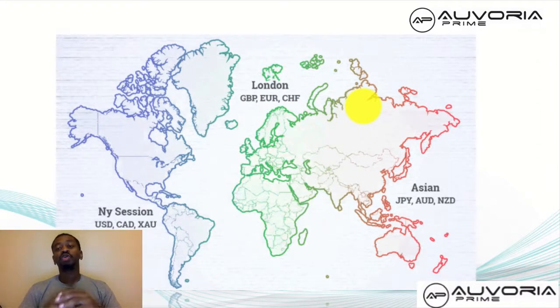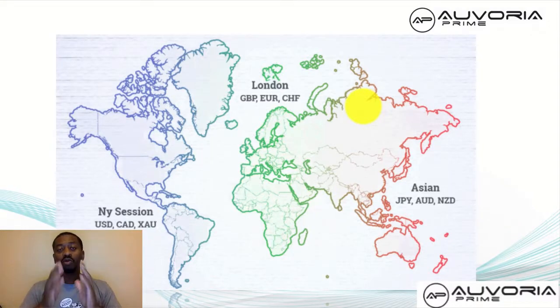In the Asia session, the best pairs to trade are any pairs that have JPY, AUD, or NZD in them. JPY is the Japanese yen, AUD is the Australian dollar, and NZD is the New Zealand dollar.